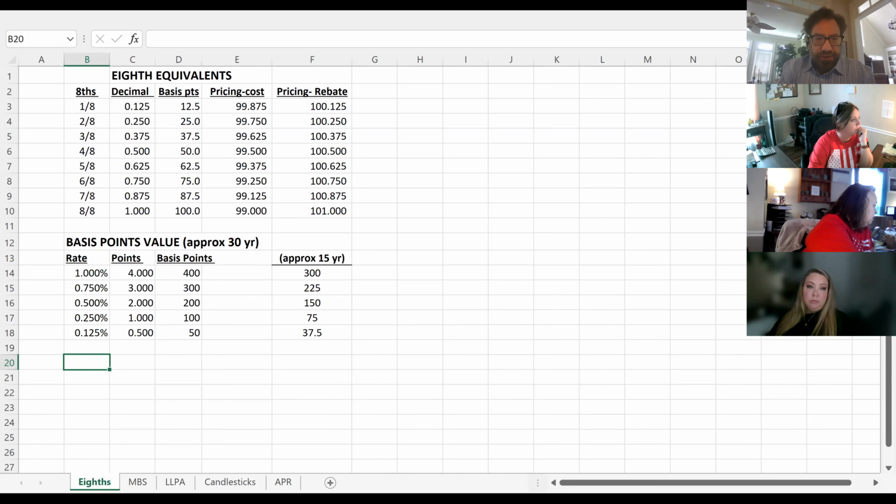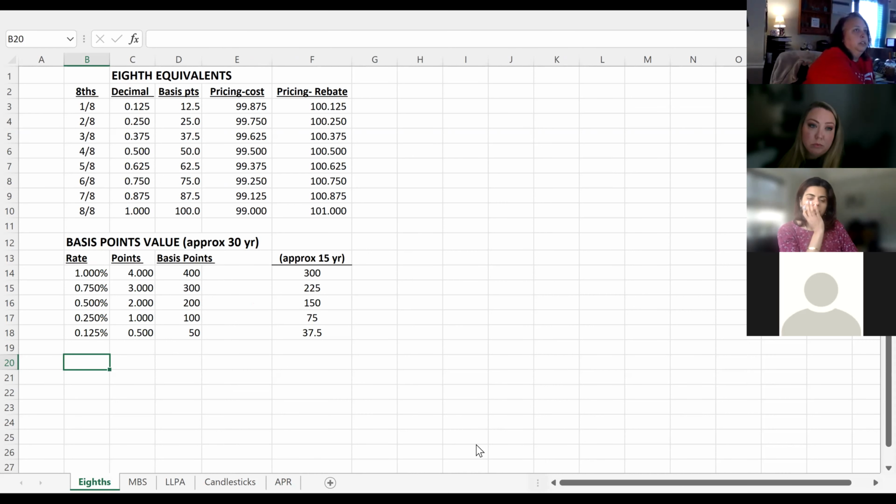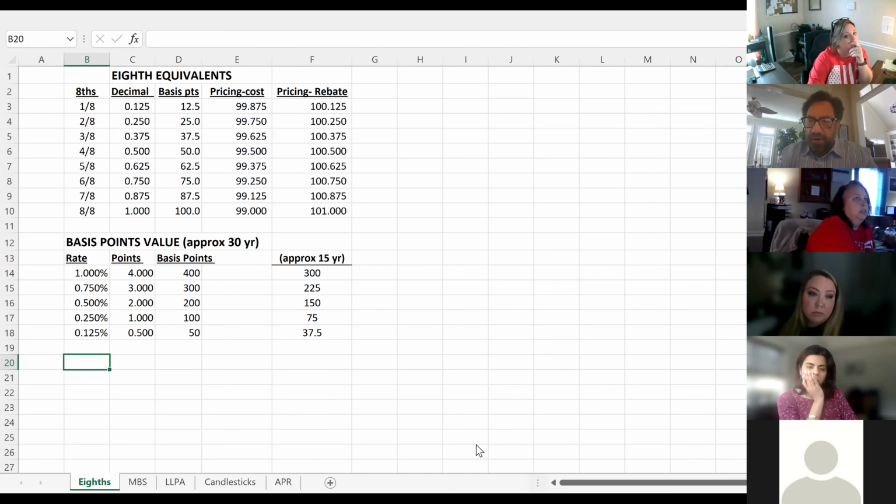Can you see this screen? This Excel spreadsheet? Yeah, okay. And then, okay. So I can't see all of you now. My grid is small, so you just have to speak up when you want to.